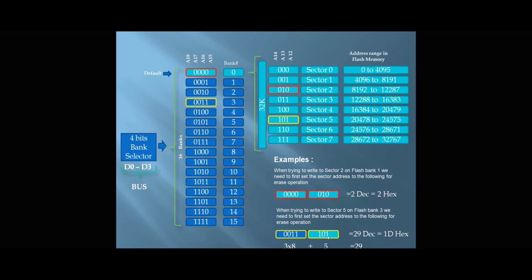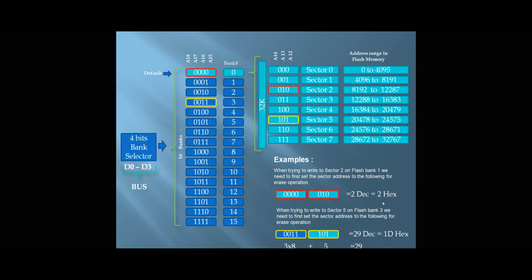As you can see here, I'm doing a binary AND of the 7 bits, and essentially by multiplying the higher 4 bits by 8 and adding the number 5, which is the lower bits, to it, we come up with the decimal 29, which is equal to 1D in hex.